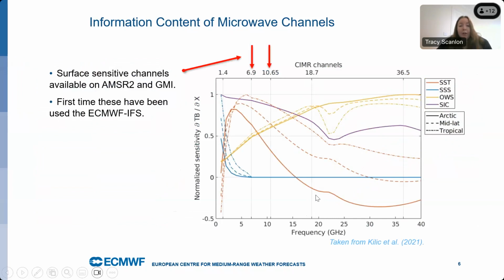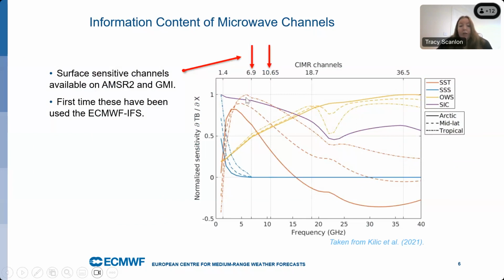So another motivation for using microwave is that we do have surface sensitive channels. It's well known that at 6 gigahertz, you get a peak of sensitivity to SST. And this is a figure from Lise Klik's paper from 2021 relating to SIMA, the upcoming SIMA mission.